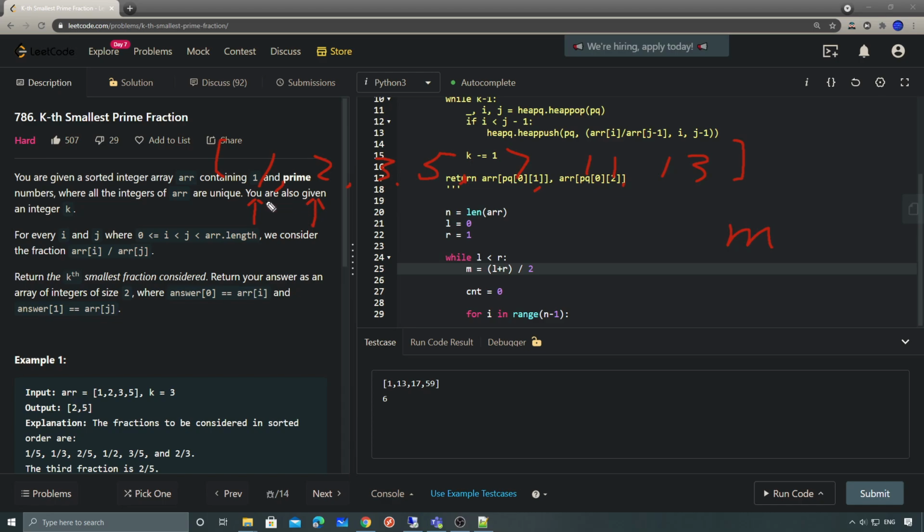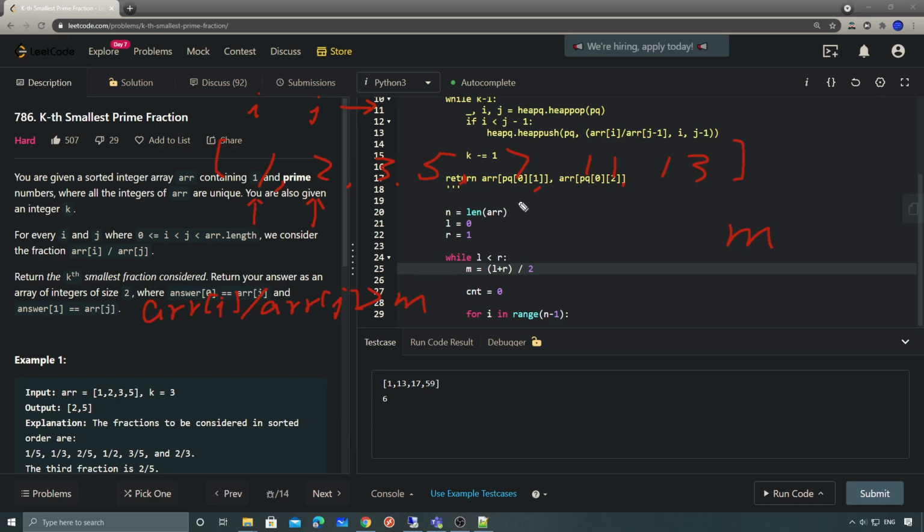So this is I and this is J. One of the properties, since it's sorted: if array I divided by array J is greater than M, that means we need to find a smaller fraction, which means we will move this J to the right, and we keep moving J to the right until array I divided by array J is smaller than M.